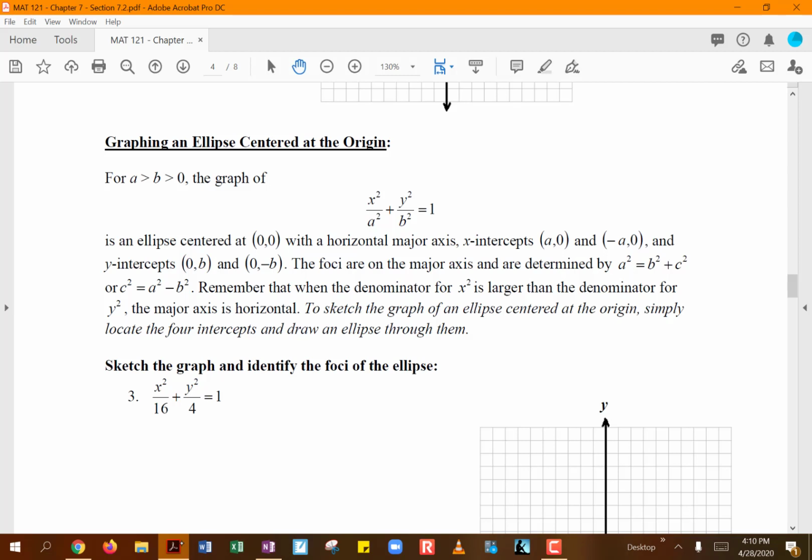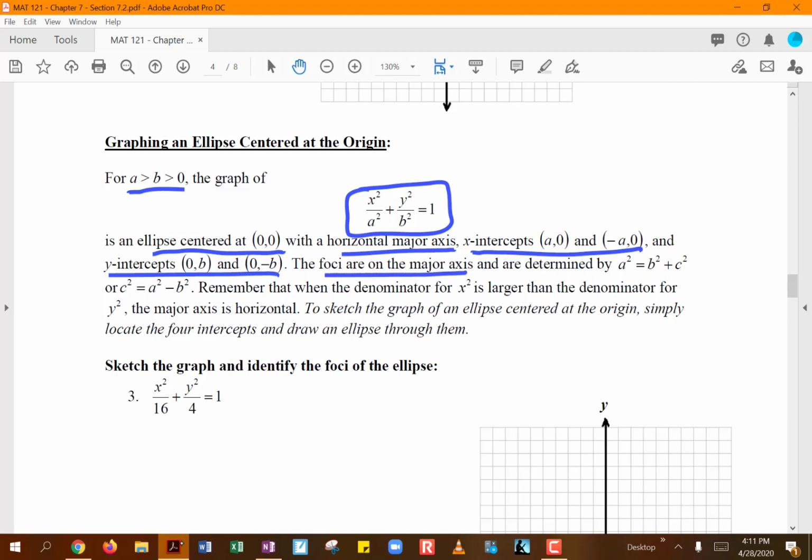Okay, so now let's talk about the graphs when you are given an equation. So again, remember that a will be greater than b and b will be greater than 0. And then if you have an ellipse centered at 0, 0 with the horizontal major axis, this is going to be our equation, where the A value will represent our x-intercepts, the B value will represent our y-intercepts, and of course your foci are going to be on the major axis, which means your foci in this case are going to be on the x-axis.